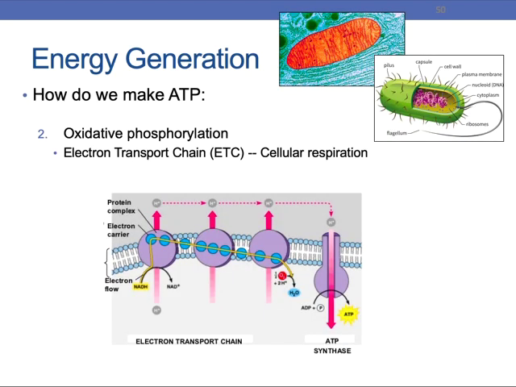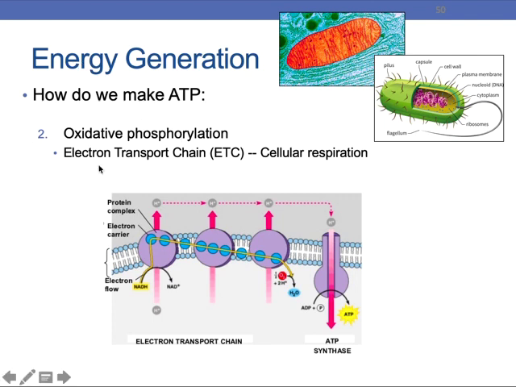Then there's a second type of ATP generation, which involves the use of oxygen for aerobic organisms. For anaerobic organisms, you may have sulfur, phosphorus, or carbon dioxide being used as the final electron acceptor.